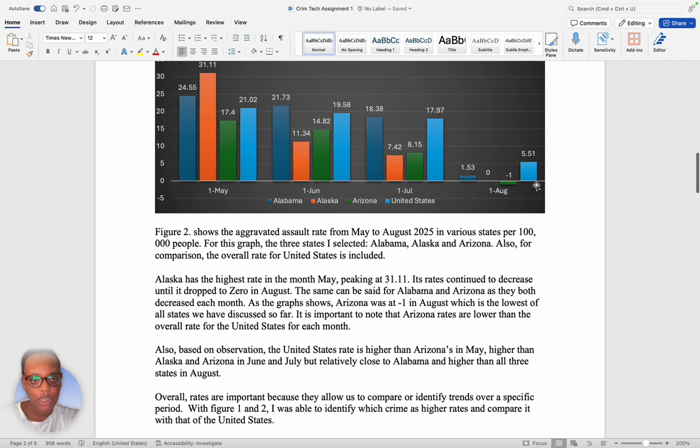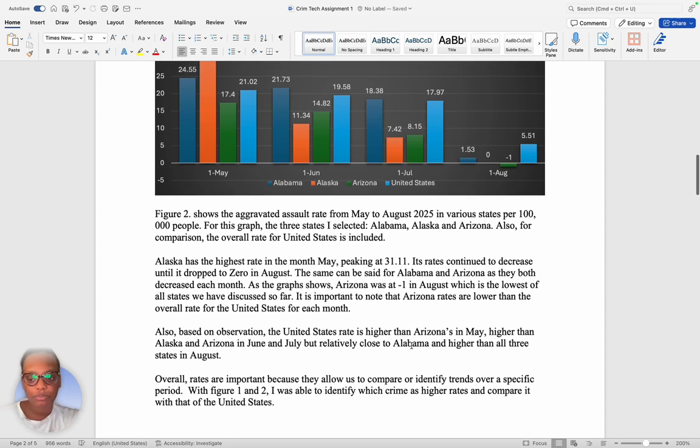So if you look right here, it's higher than all three states in August. When I said it's relatively close to Alabama, this is what I mean. United States is 17.97, and then you have Alabama right here at 18.37. Even though Alabama is a bit higher, it's relatively close.